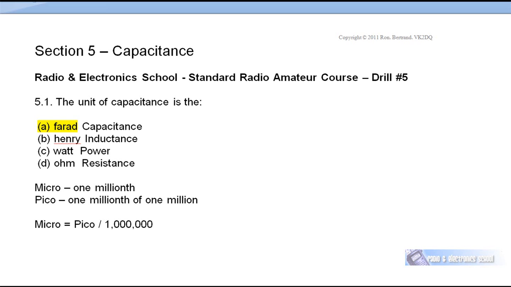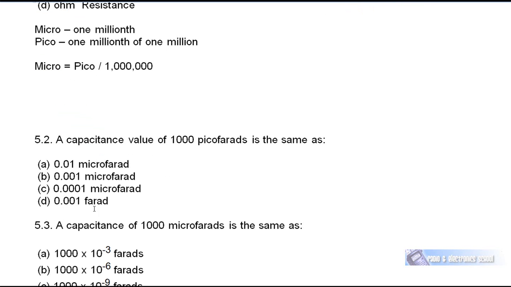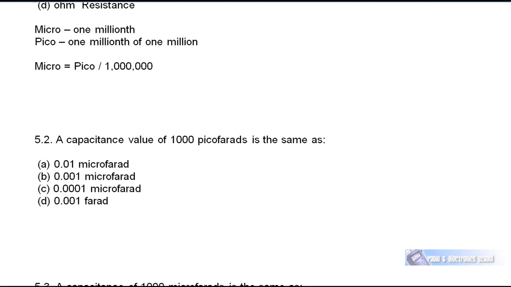Now the easy way to divide by 1,000,000 is to move the decimal place 6 places to the left, since there are 6 zeros in 1,000,000, and a picofarad is 1,000,000 times smaller than a microfarad, so we need to divide the picofarads by 1,000,000 to get the microfarads.